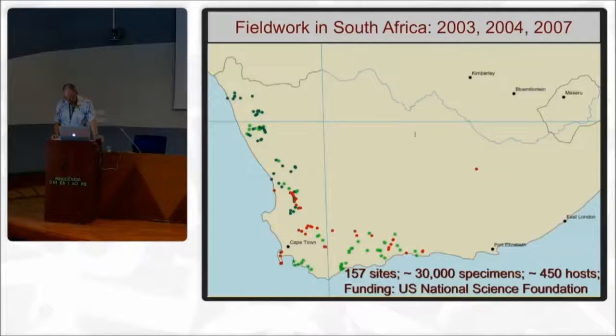We now know that the Phyllini fauna of the Western Cape is extremely diverse, although the Orthotylini is somewhat less so. This map plots the localities where we collected in 2003, 2004, and 2007. I will describe 2 studies that exemplify the impact of our 3 trips to South Africa.